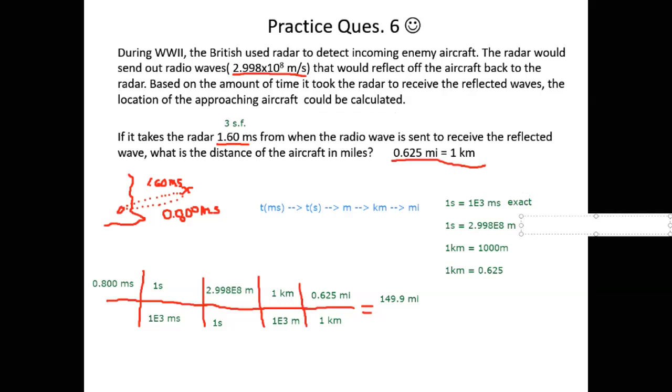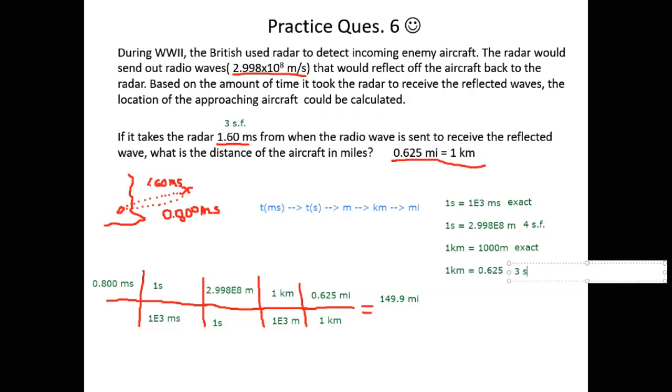That has 4 significant figures. 1 kilometer is 1,000 meters is exact because it's metric to metric. And 1 kilometer is 0.625 miles. That has 3 significant figures. Put miles at the bottom.